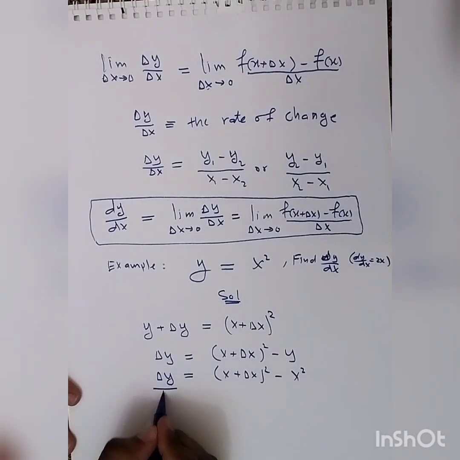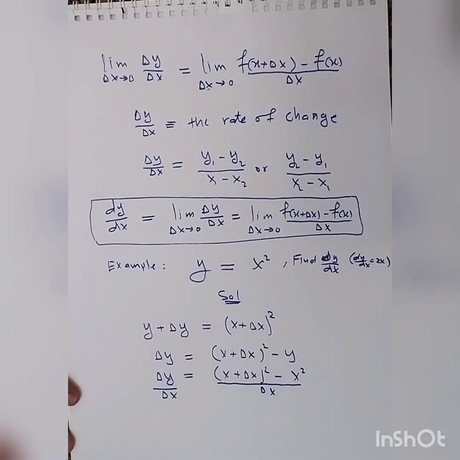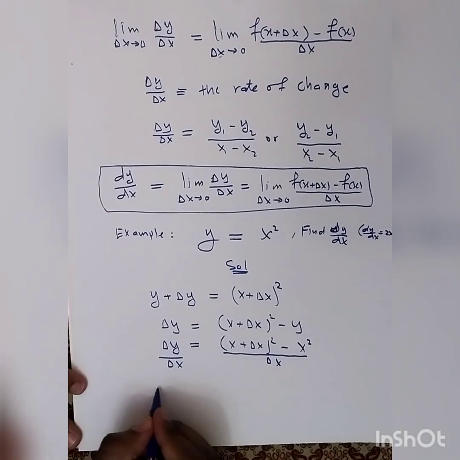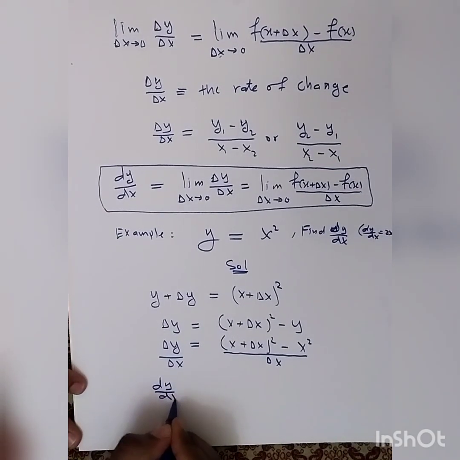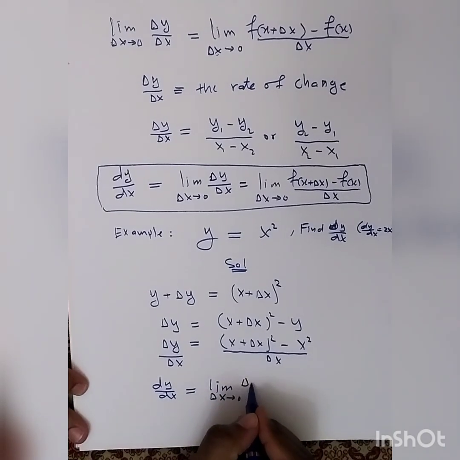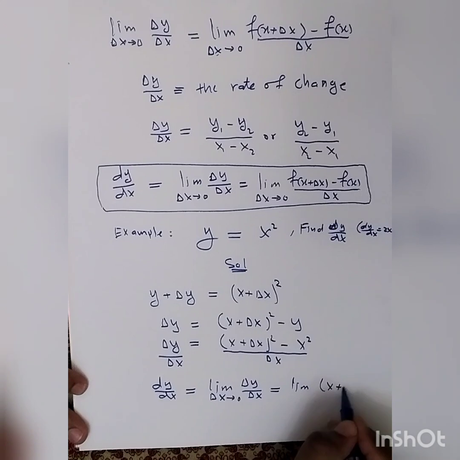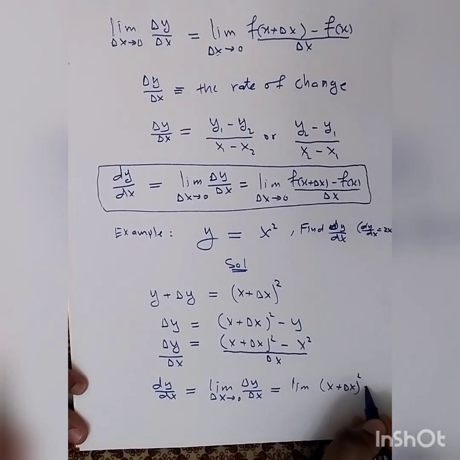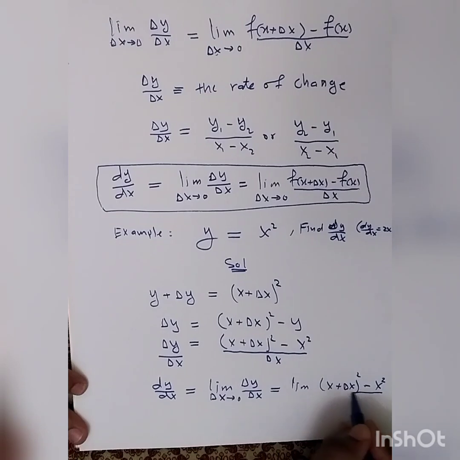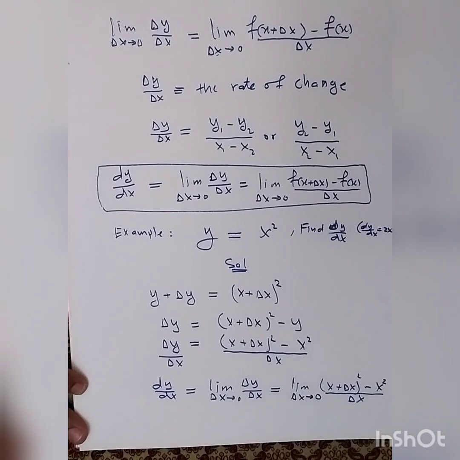So now we can divide both sides by delta x, and to find the derivative, we take the limit as delta x approaches 0. So for the rate of change, dy by dx would be equal to the limit of x plus delta x squared minus x squared, all divided by delta x, when delta x goes to 0.